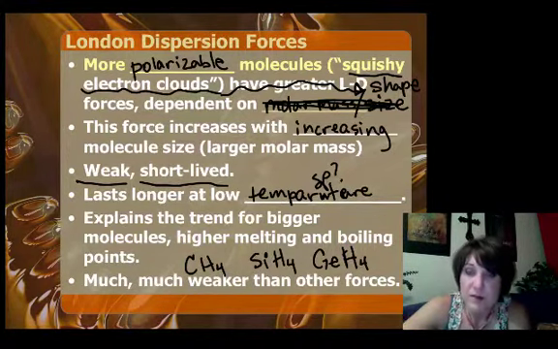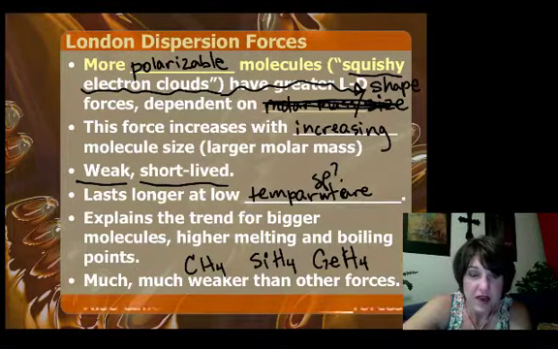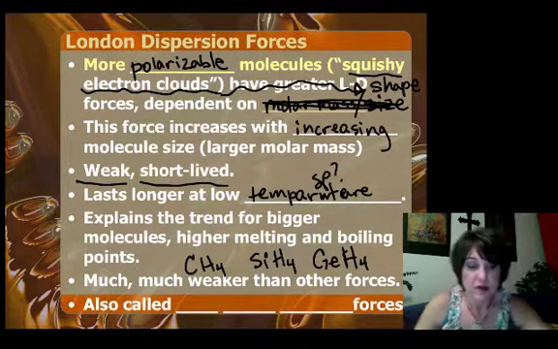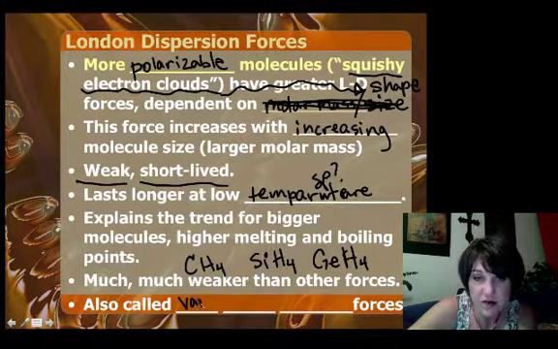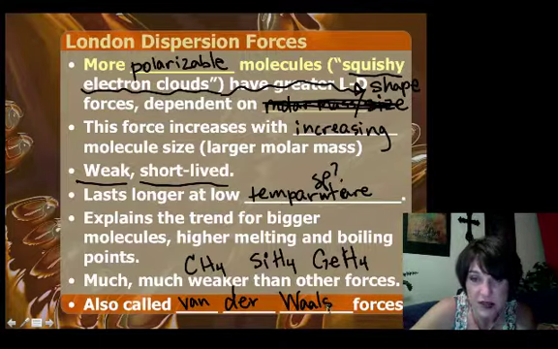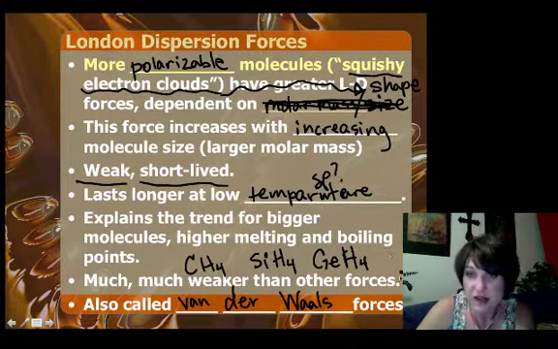These are much, much weaker forces than all of the other forces. In fact, they have a special name. You may remember this guy from the gas law unit, van der Waals. These are called van der Waals forces. Remember, he's the one that helped us distinguish between ideal gases and real gases.